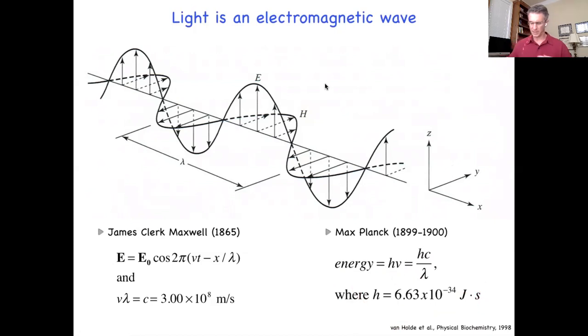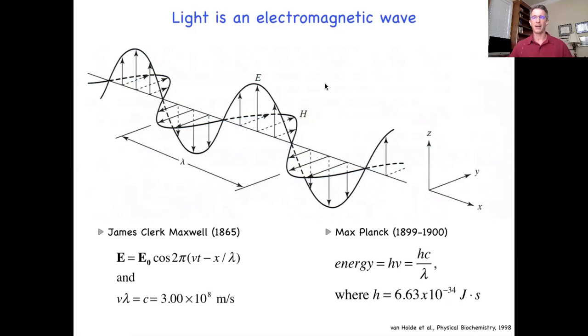That's 6.6 times 10 to the minus 34 joule-seconds, all right? So this recapitulates, hopefully, stuff you remember: the well-established, if not completely intuitive, idea of the wave-particle duality of electromagnetic phenomena like light.